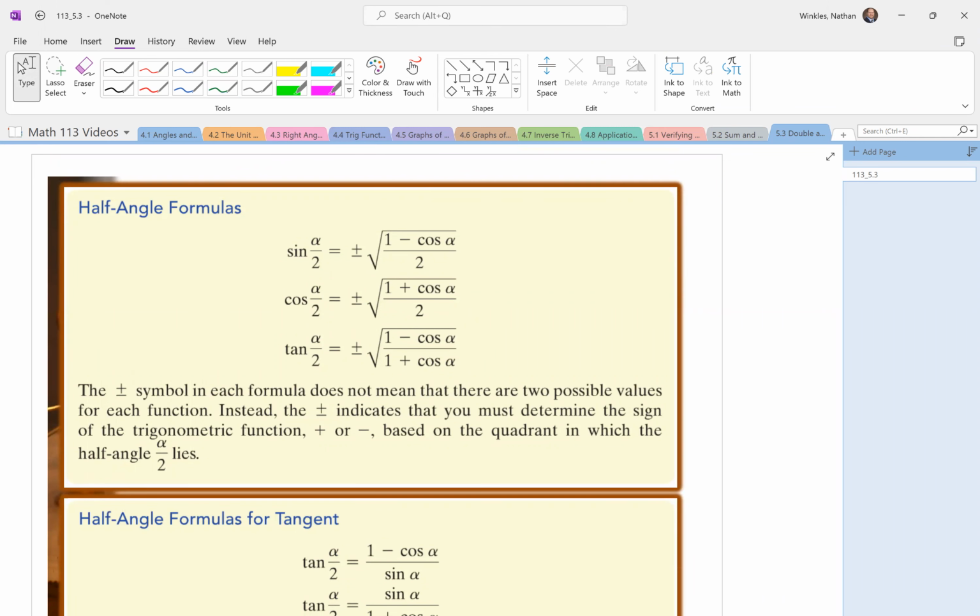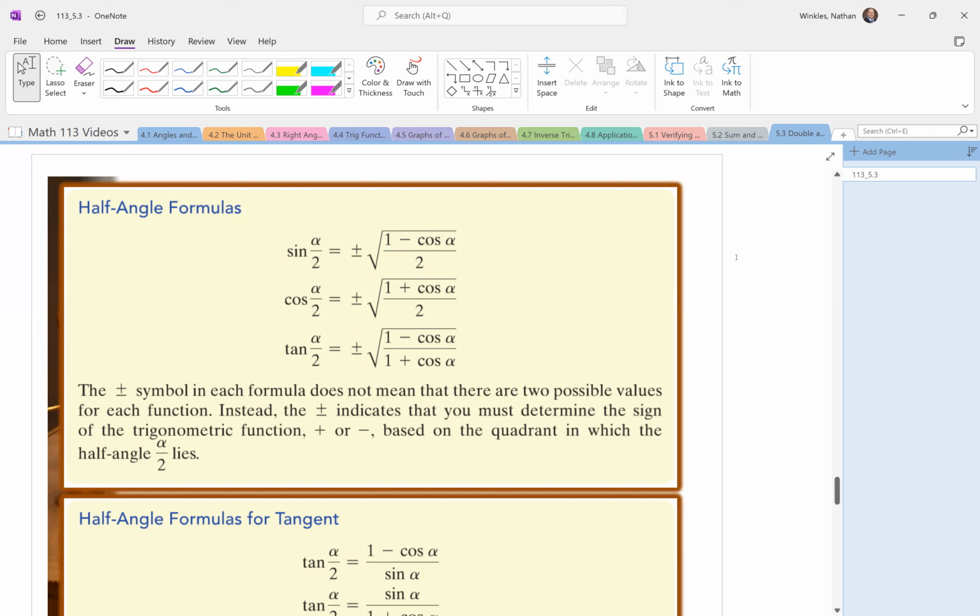Now we can talk about our half angle formulas that we'll finish out this section with right here. So our half angle formulas are a little bit more complicated in what we have to do with them. And I say that in terms of we have a square root.